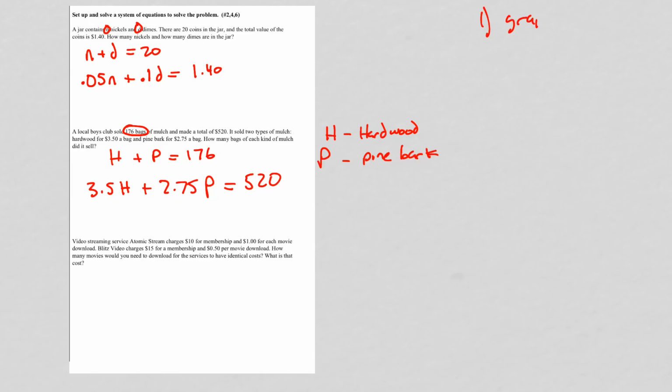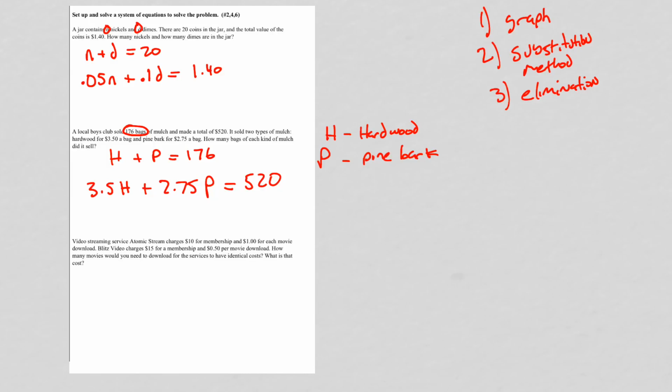From here, you have basically 3 ways to solve. You can graph each, and where they intersect, we'll find the solution. You can use the substitution method, or you can use the elimination method.